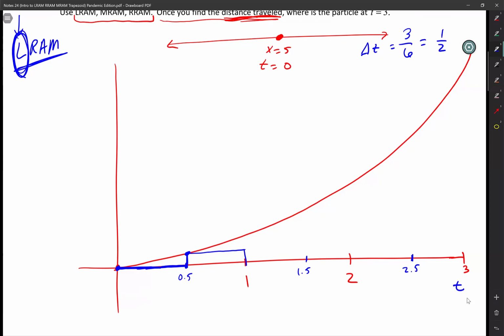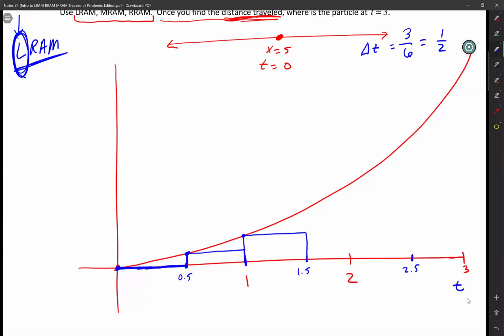I'm going to go to 1. I'm going to put a point on the curve. I'm going to go straight down until I hit 1. And now I go back to the point on the curve and make another rectangle until I get to 1.5, straight down. Technically that's your third rectangle, but it's your second real rectangle, your third iteration.